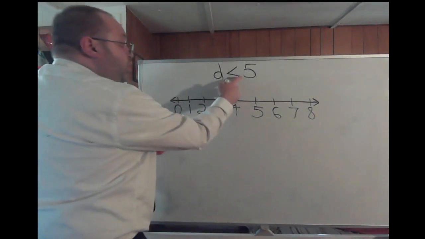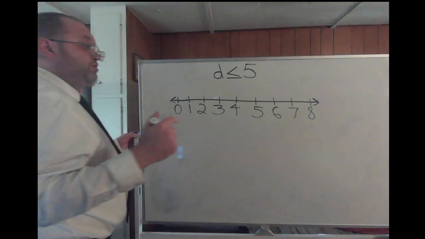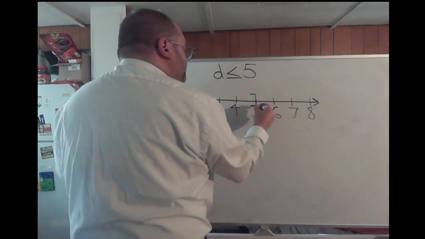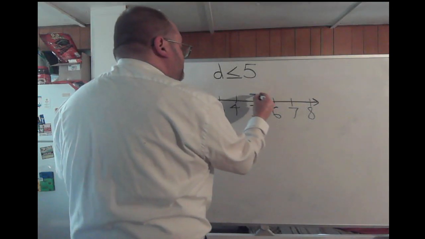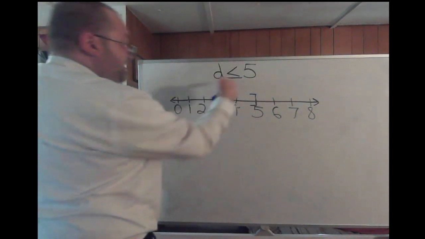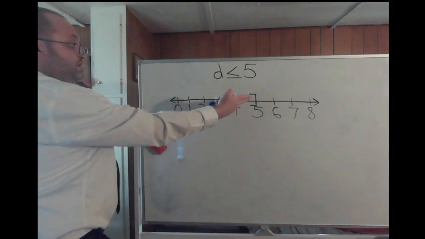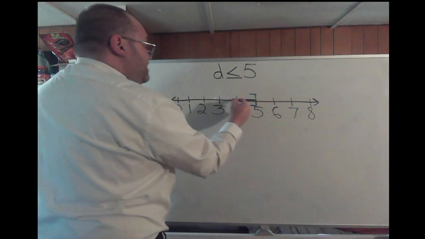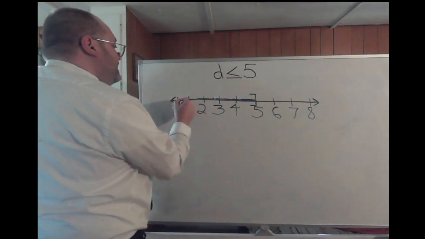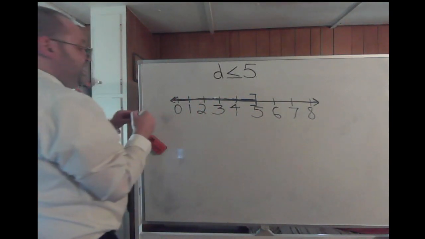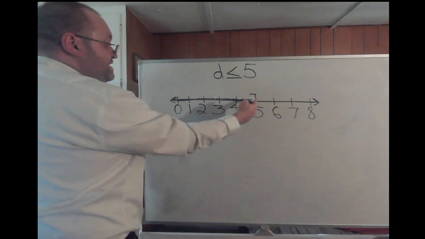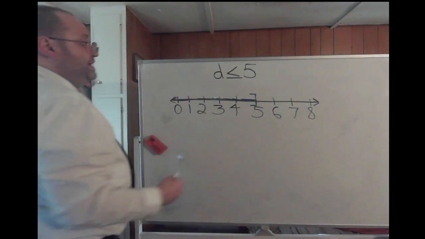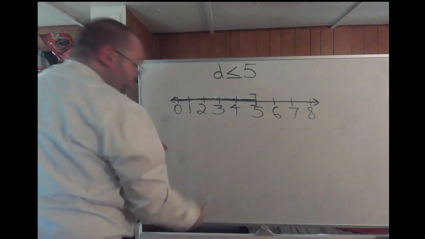So if it has the or equal to part, instead of using a parenthesis, you'll use a bracket. You use a nice bracket if it includes the point. In this case, it does include 5. It's equal to 5, but it's also less than 5. So you would use a bracket, and then you would shade every point going down, and draw a nice arrow at the end. That denotes that the value of D is less than or equal to 5, and it goes all the way to negative infinity. It's every value less than or equal to 5.